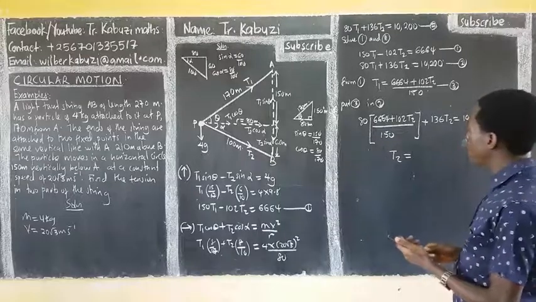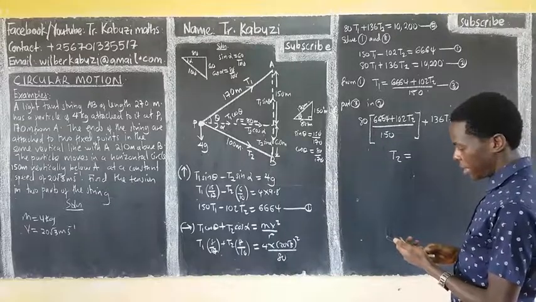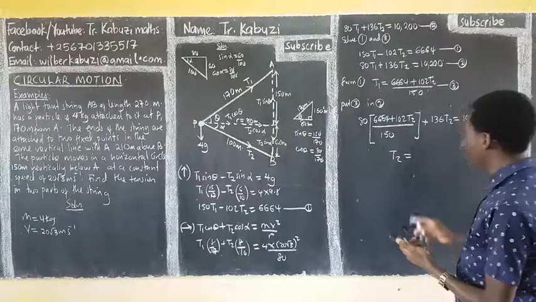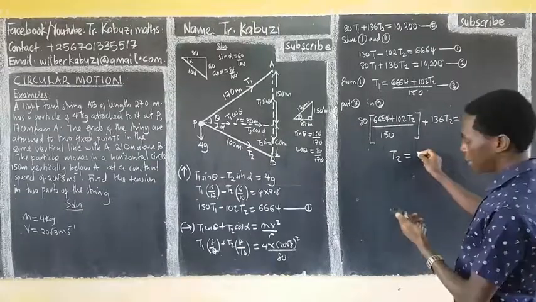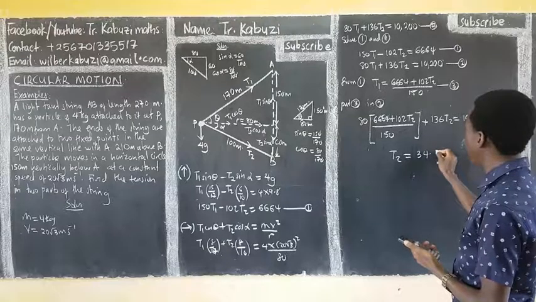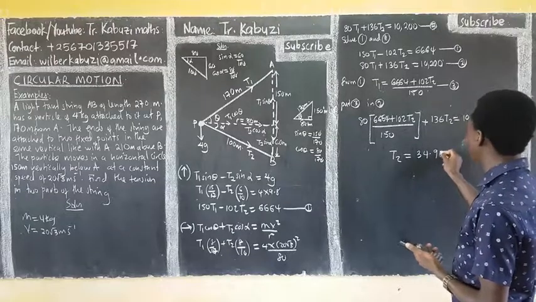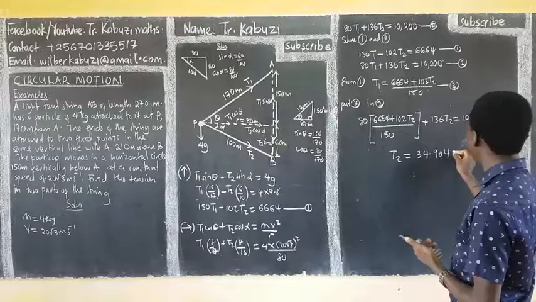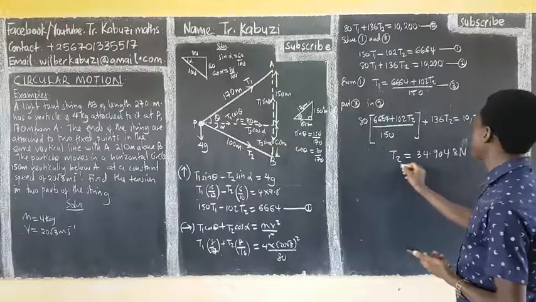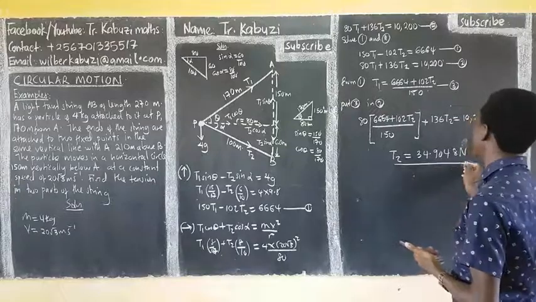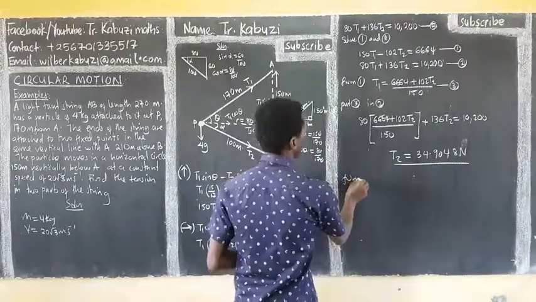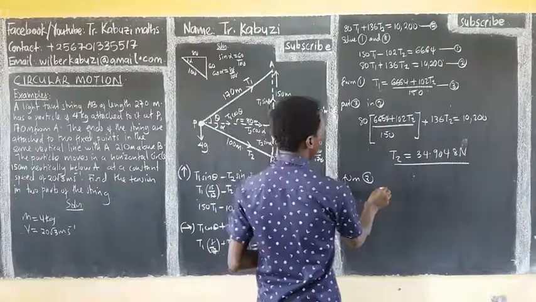My T2 is going to be 34.9048 newtons. Then when I come and put this here, so from 3, you can start with T1.